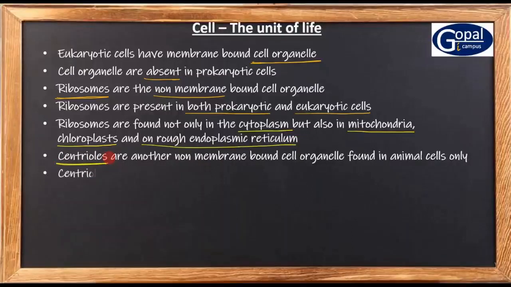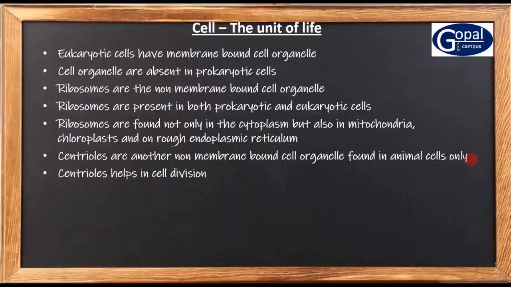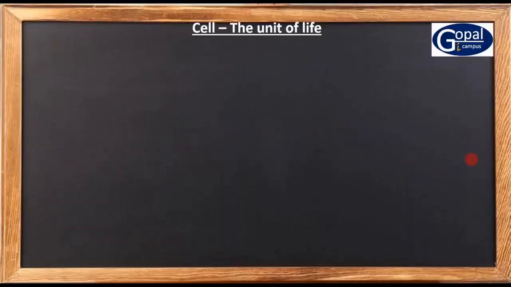These centrioles help in cell division. They are absent in plant cells and present only in animal cells. So this is the overview of the cell.